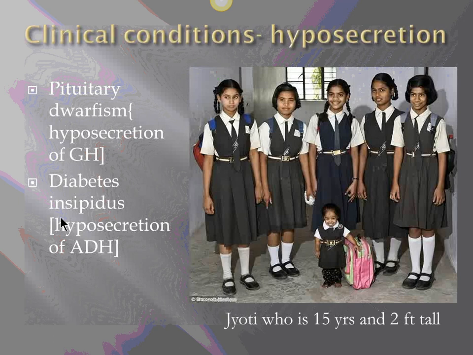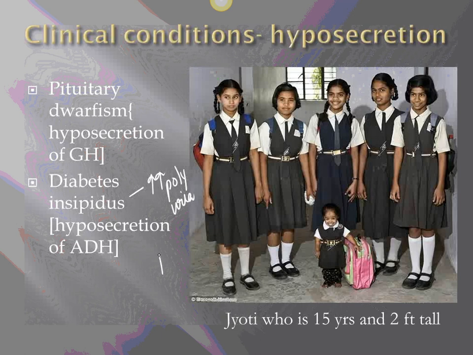When you talk about diabetes, you're usually referring to diabetes mellitus, where the urine is sweet because the sugar is passed out in the urine. So the urine contains sugar. So in these people, because there's hyposecretion of ADH, what happens is they keep passing a lot of urine. So the urine amount is lots. So increased urine, which is known as polyuria. Whenever there's increase in urine formation, that's called polyuria.